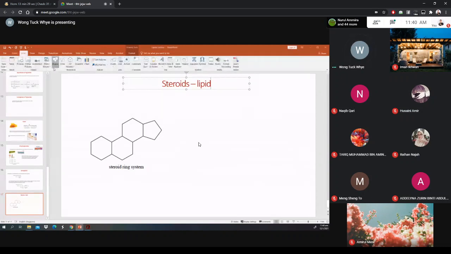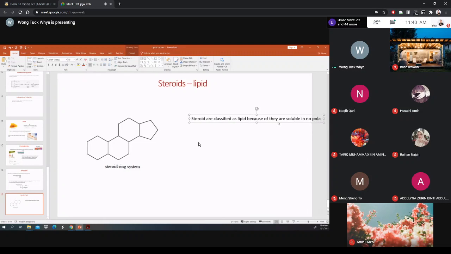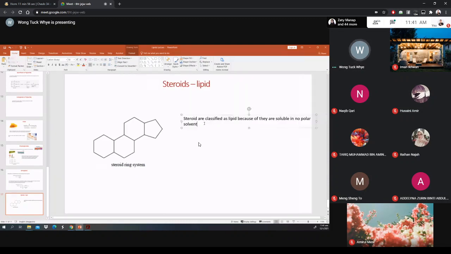So steroid is classified as a lipid. Okay, they are soluble in non-polar solvent. So that's the thing, you classify it as a lipid.